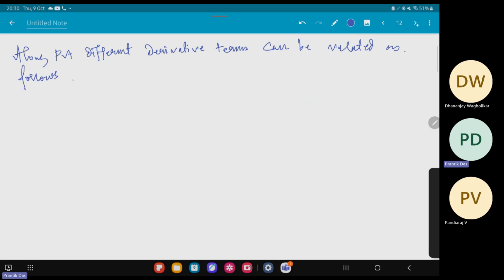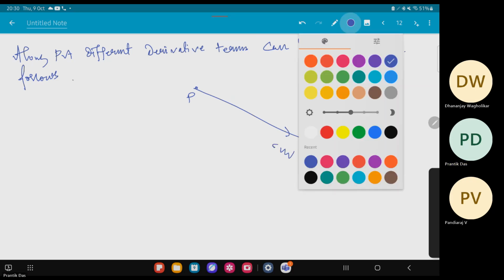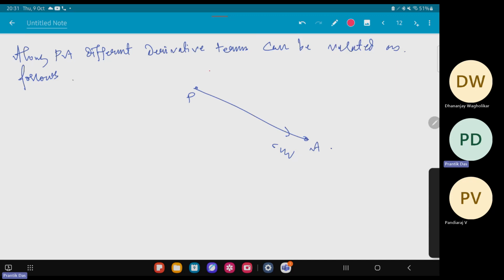तो मैं डायग्राम एक बार प्लॉट कर देता हूँ फिर से. So this is P, this is A, and this is the zeta direction, and this is your eta direction, which is basically the line joining AB, and this is your n, which is perpendicular to eta.